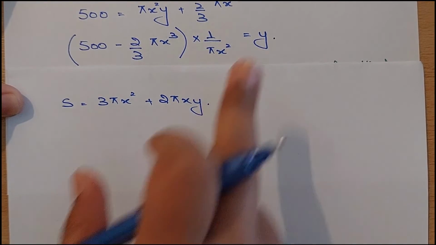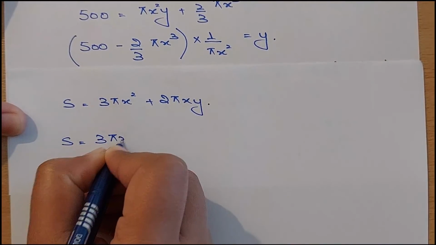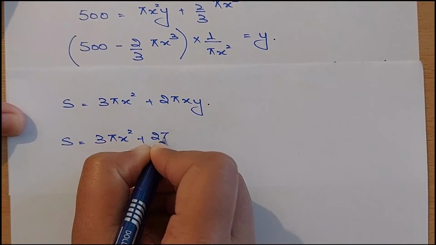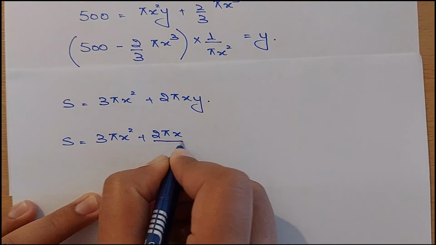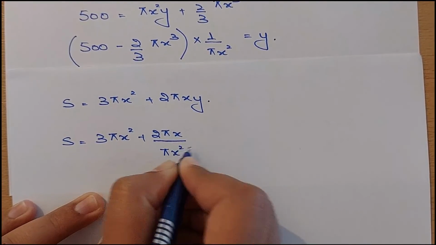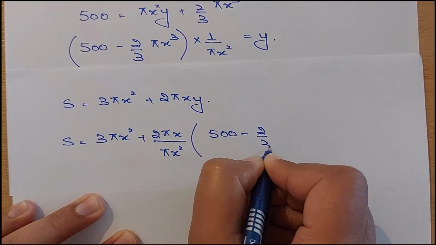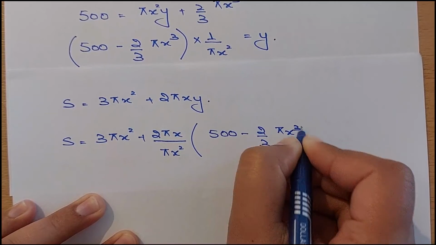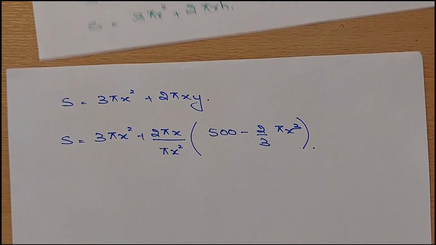So let me substitute the y expression here. So S is equal to 3 pi x square plus 2 pi x, and y is 500 minus 2 by 3 pi x cube, divided by pi x square.